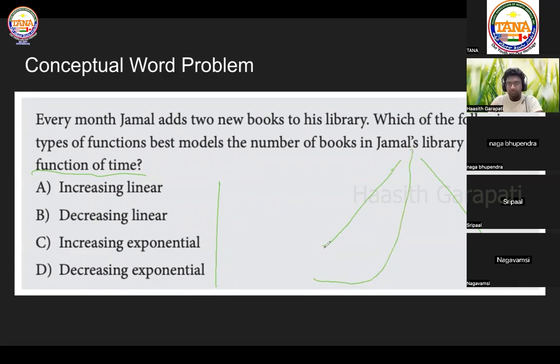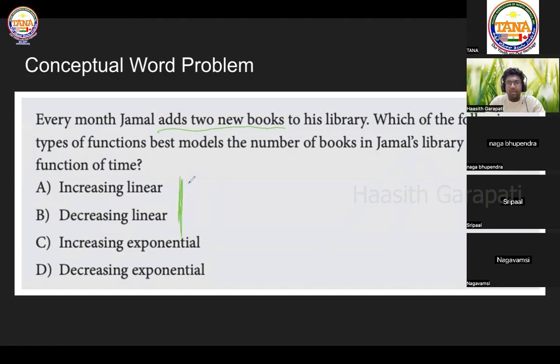So it is not a straight line. In this case, it says every month Jamal adds 2 new books, and adding should be a sign that this is a linear function, because that is what linear functions basically are. Every time x increases by this amount, y increases, or you add this amount to y, or you subtract this amount from y. So the add is a signal that this is a linear function.